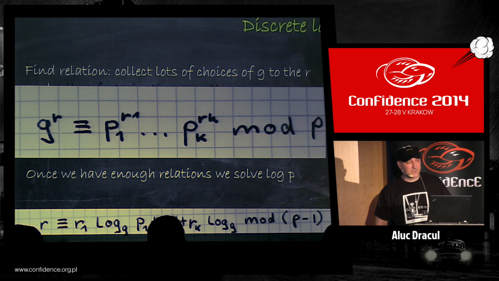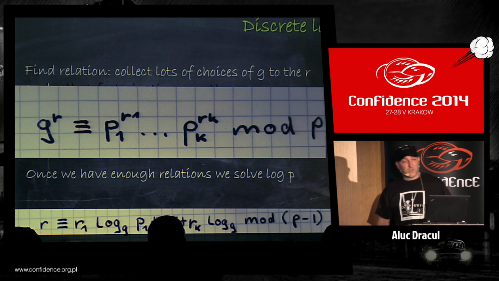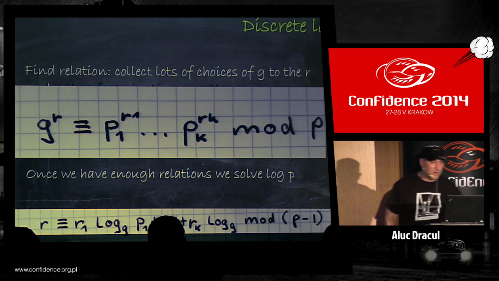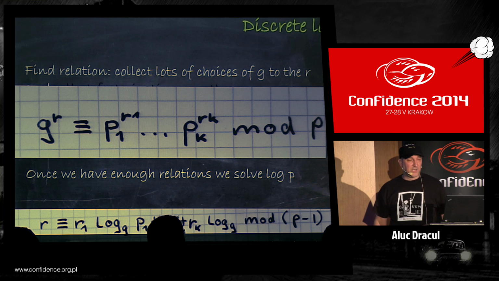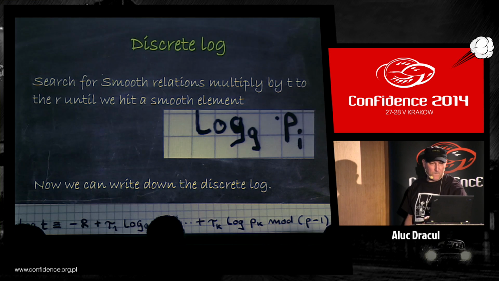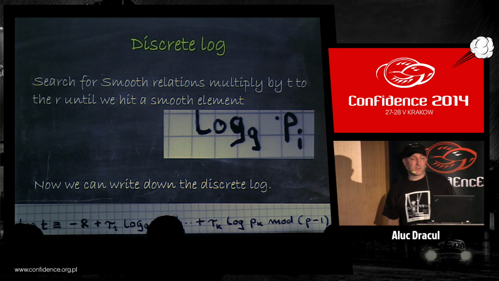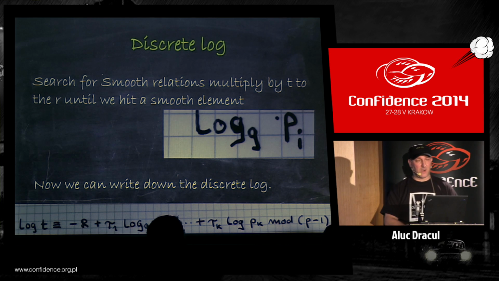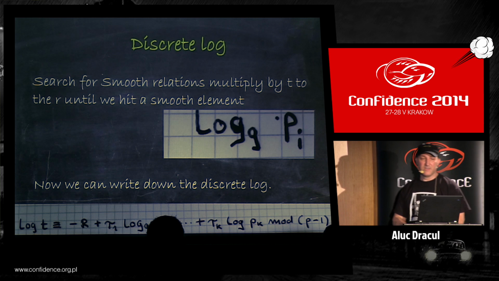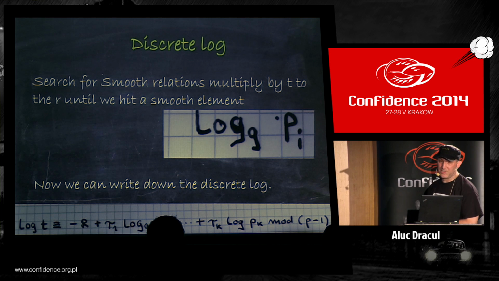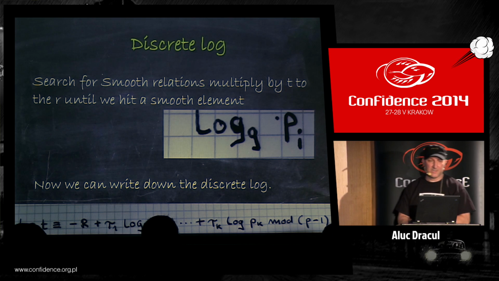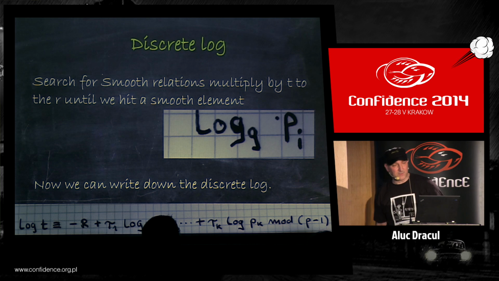So r equals r1 log g p1 plus, and we go ahead until we reach rk log g pk mod p-1. We search for smooth relations, multiplying by g to the r until we hit a smooth element. Now we can write down this discrete log, and that looks like this, and so on and so on.